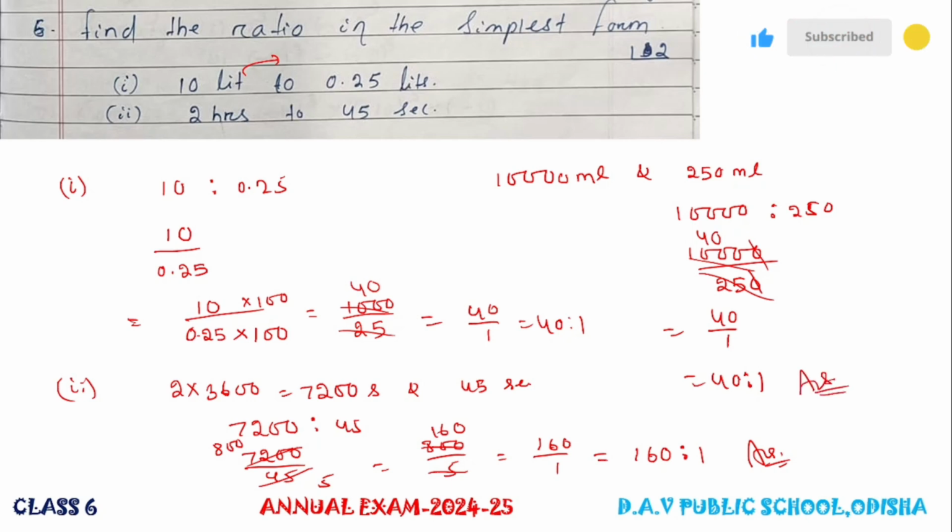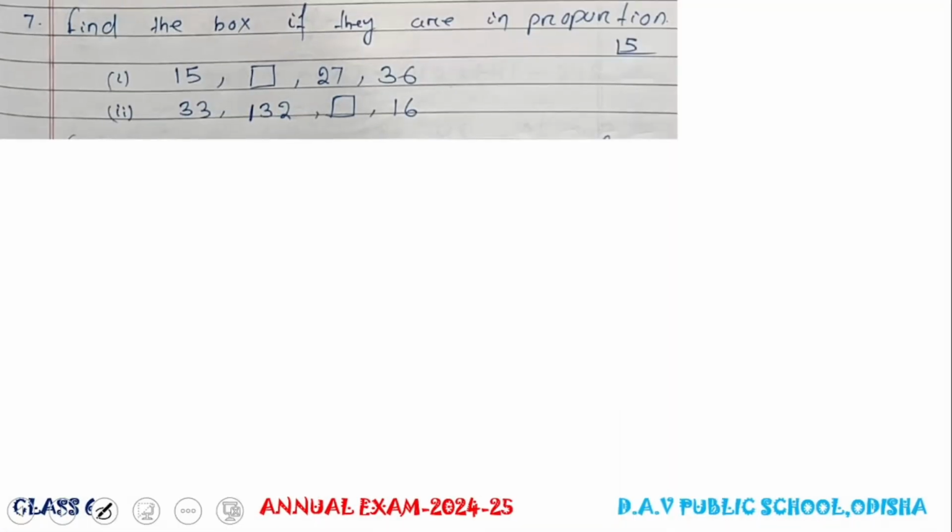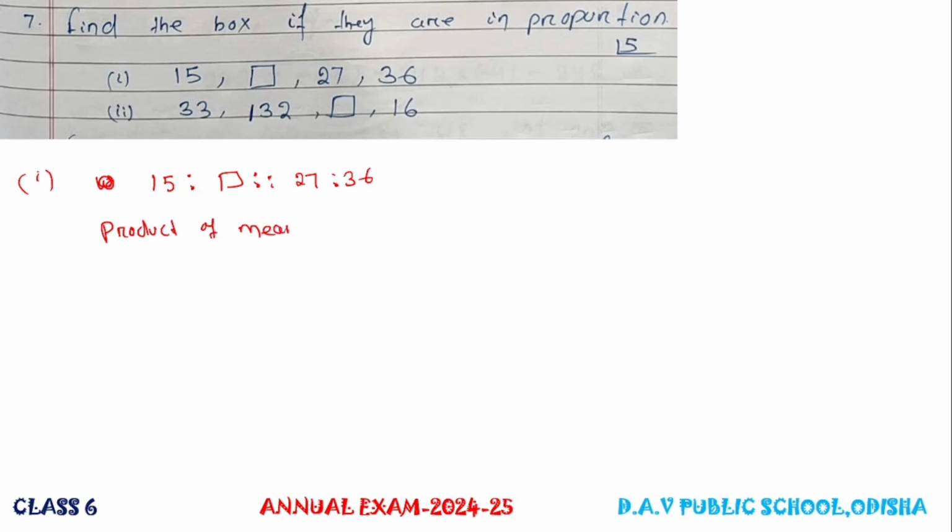Okay. Next question. Find the box if they are in the proportion. So first we can write, we know, first write down 15 ratio box, proportion 27 ratio 36. We know that product of means equal to product of the extremes.